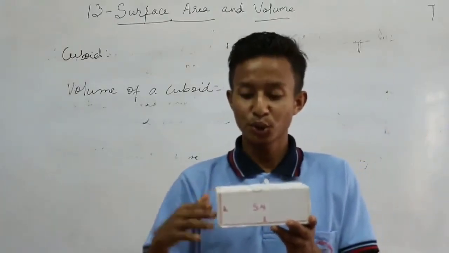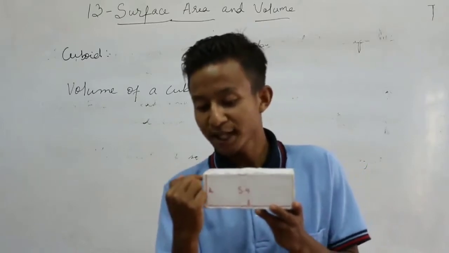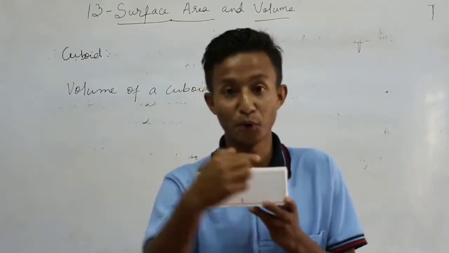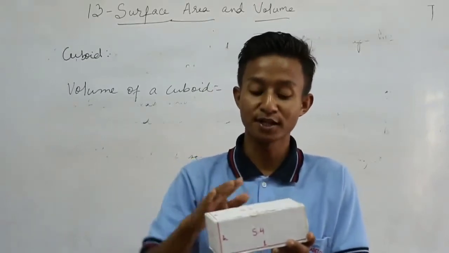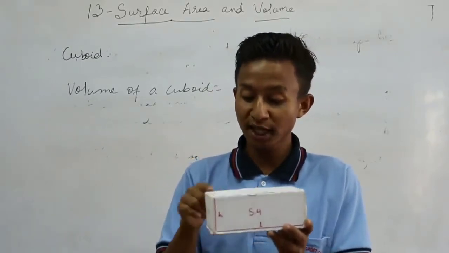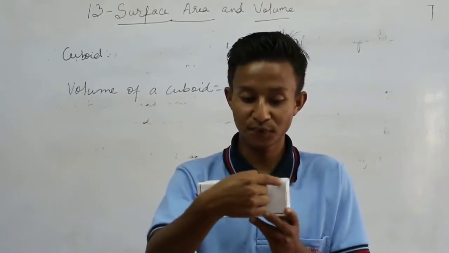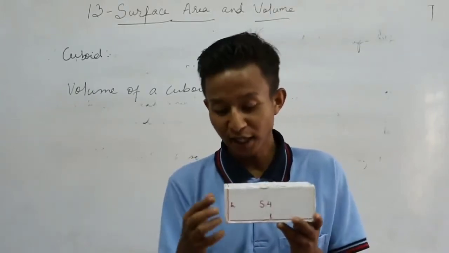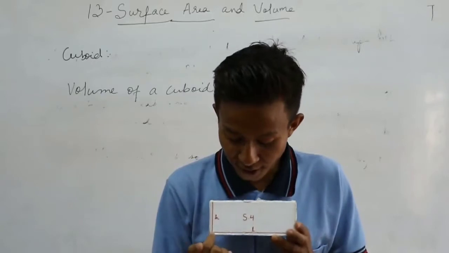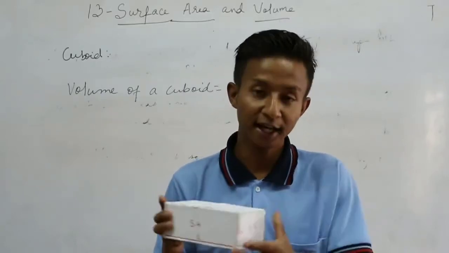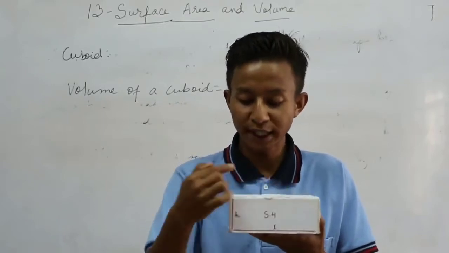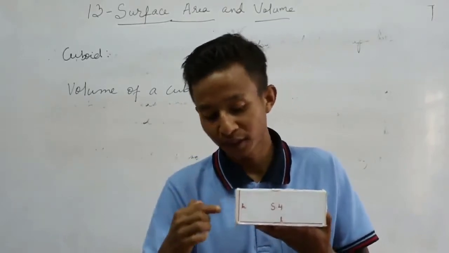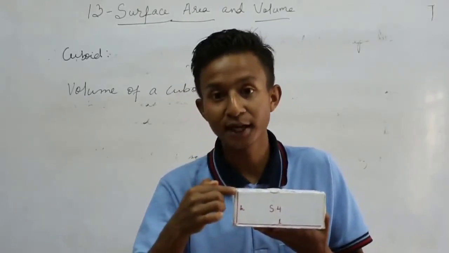In this case, we try to slice this box. This is a solid box, fully occupying space. As you can see, the dimensions are length, height and breadth. We try to slice this cuboid into h number of them. From here up to here is h.